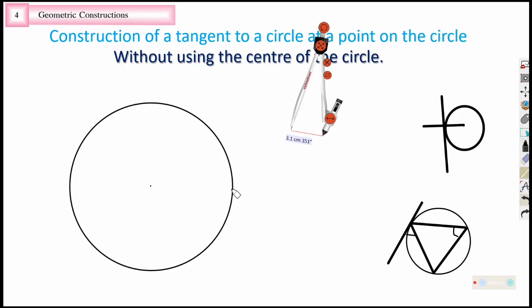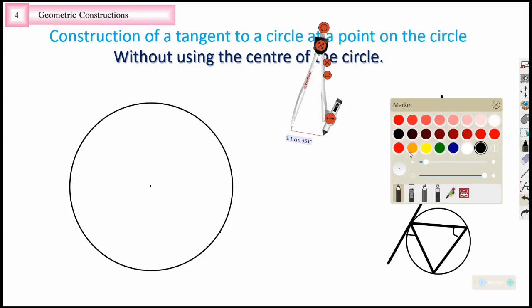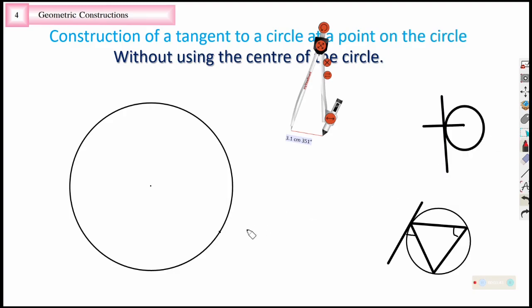We wish to make a tangent to the circle through this point. I am marking it here. This is the point through which I wish to draw a tangent.